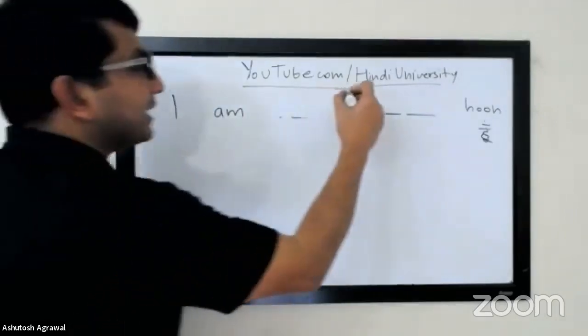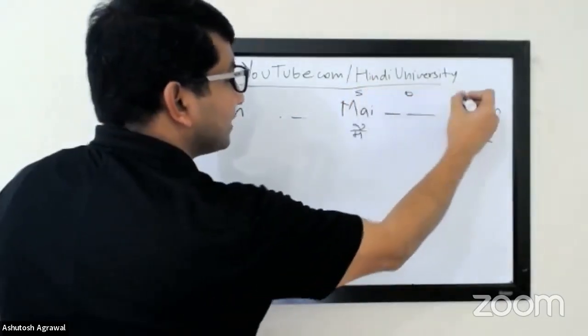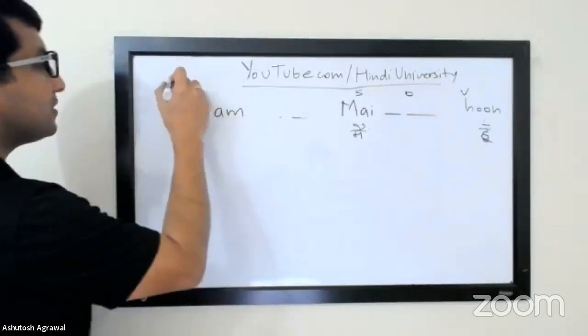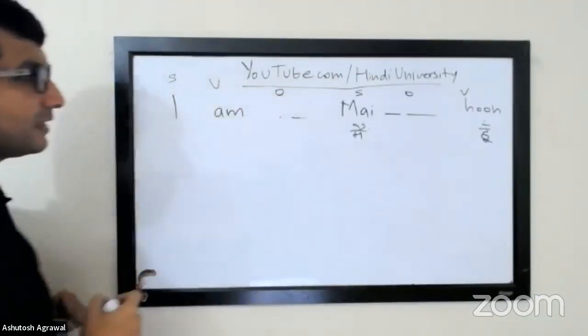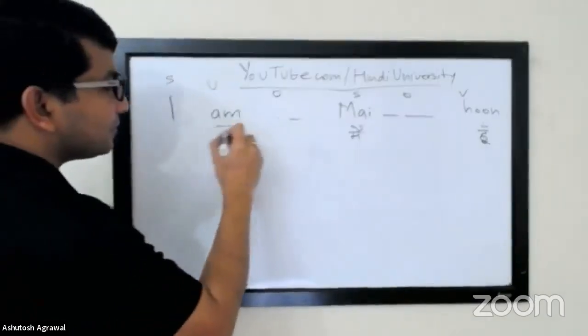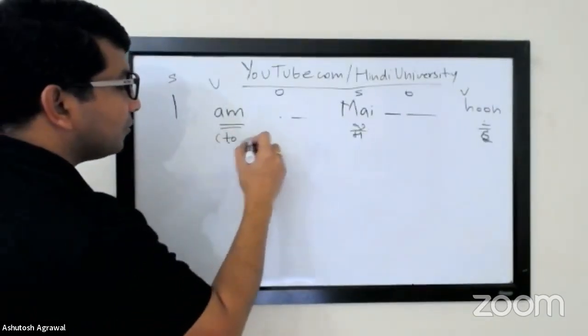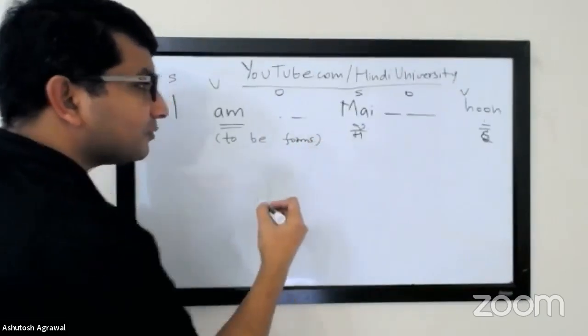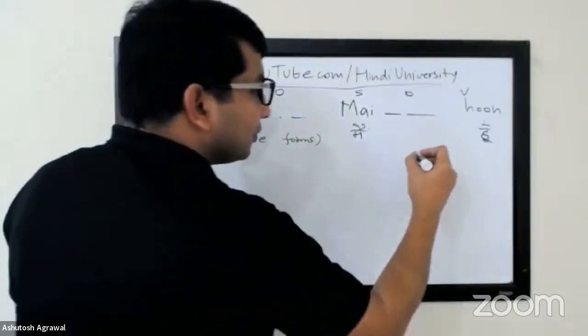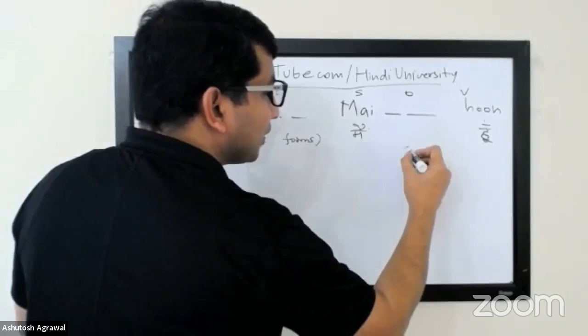As I said, in Hindi it's subject, object, and verb, while English has subject, verb, and object. We learned that the verbs you have here are the to-be form of the verbs. In Hindi, to be is nothing but Hona.